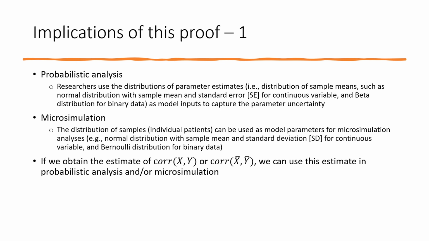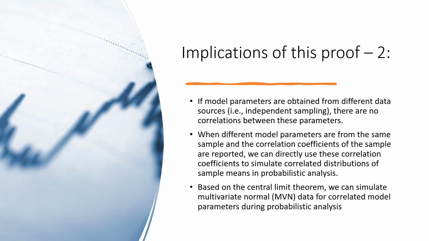Then, if we obtain the estimate of the samples or sample mean, we can use this estimate in probabilistic analysis and/or microsimulation. If model parameters are obtained from different data sources, that is, independent sampling, there are no correlations between these parameters.